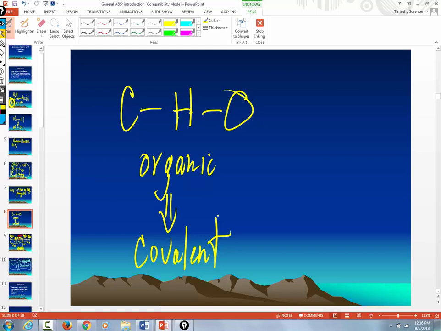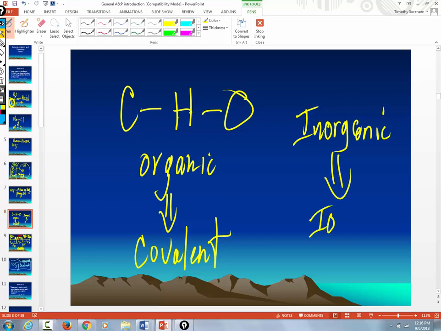Right. But we also contain inorganic compounds, right? Compounds that are chemically bonded together that don't contain carbon, hydrogen, and oxygen. And our inorganic compounds, they are held together how? Ionically, right?